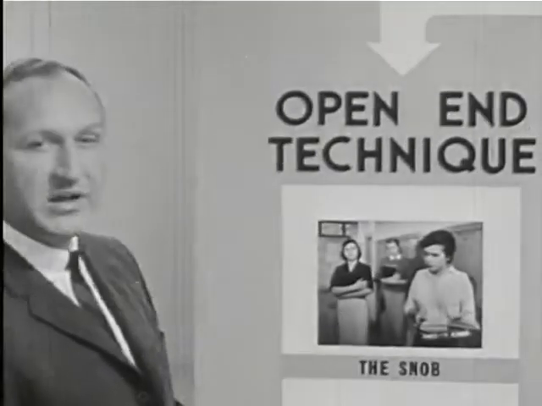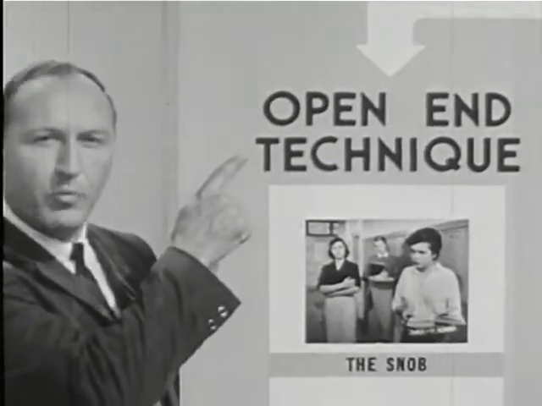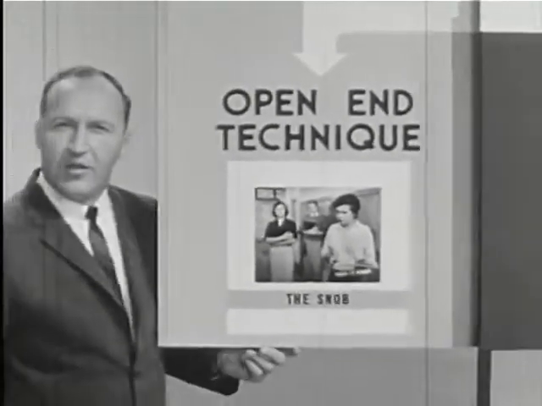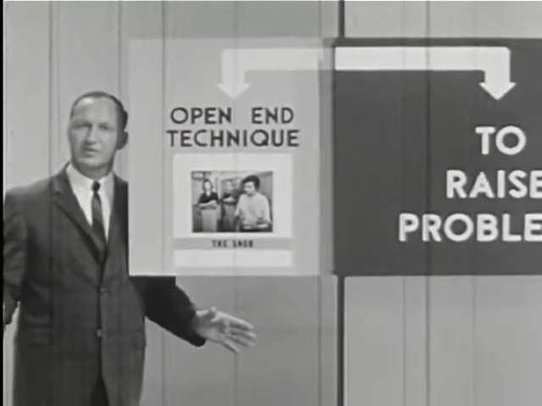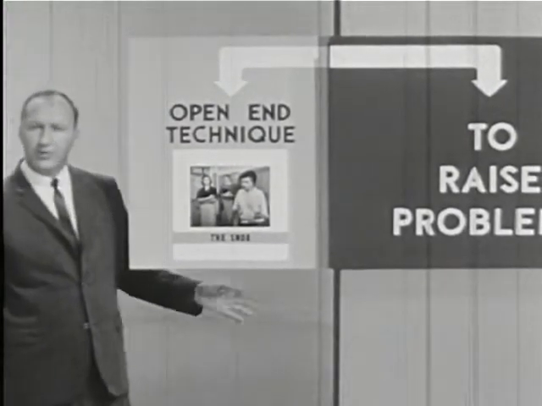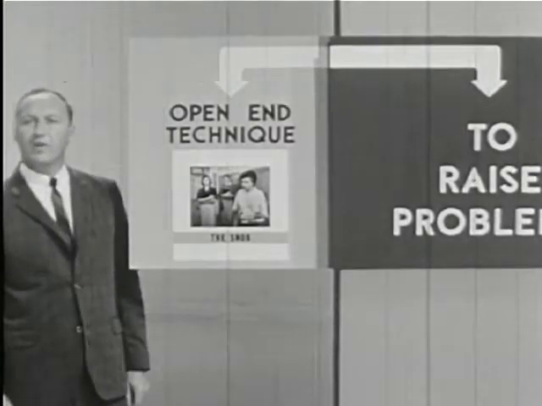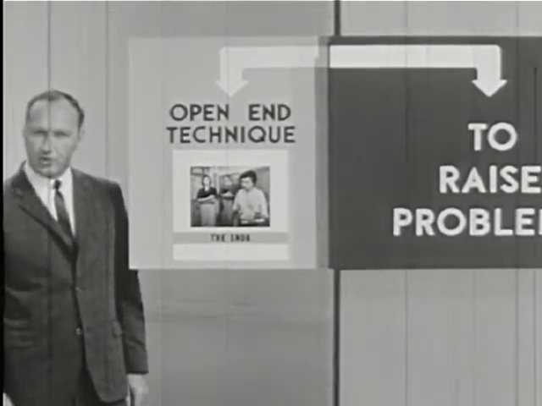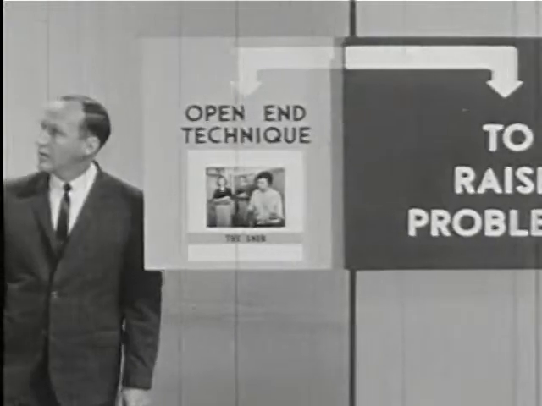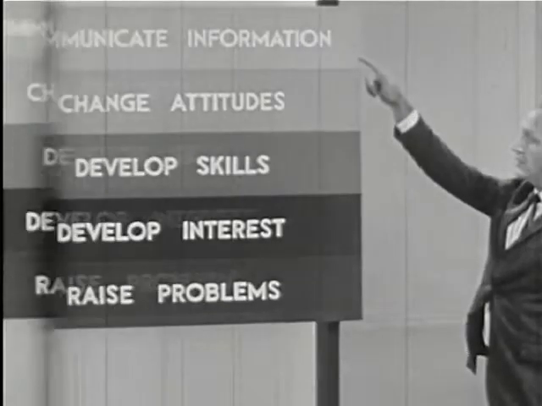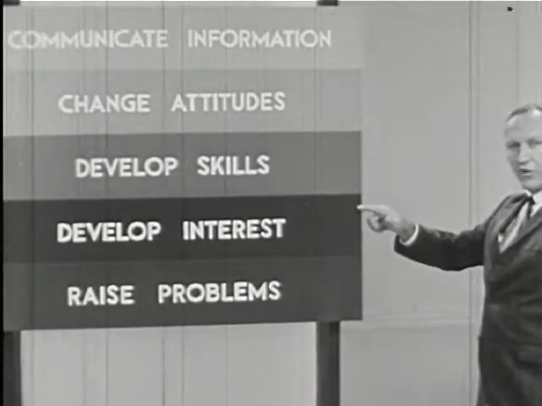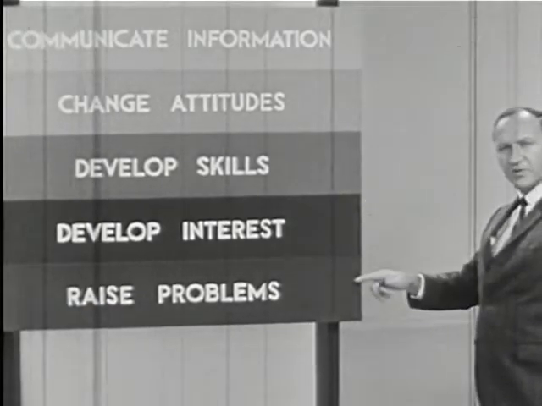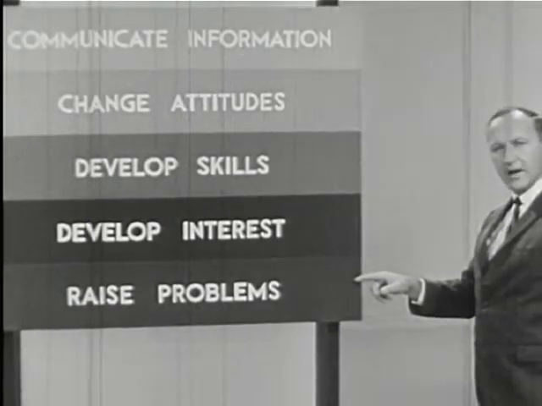The special technique of the dramatic film designed to raise problems is the open-end technique. The unresolved situation or the unanswered question that grows out of a dramatization. Something to provoke discussion and an exchange of thoughtful opinion on problems which affect your students. Five purposes for which classroom films are designed.